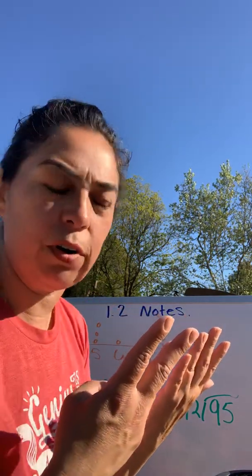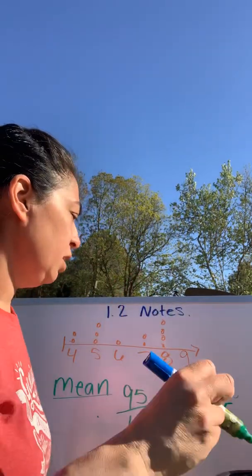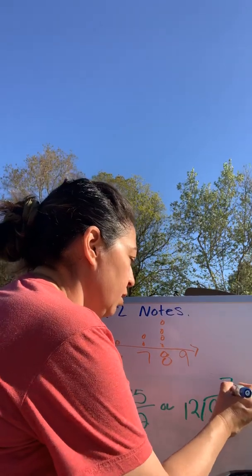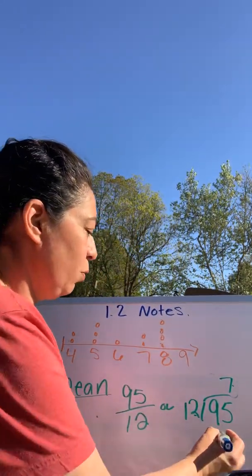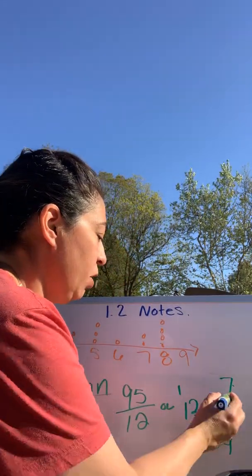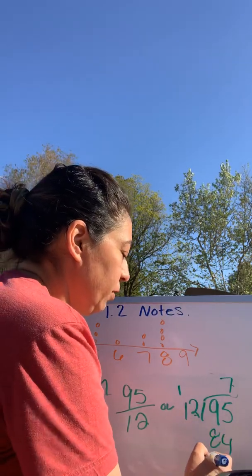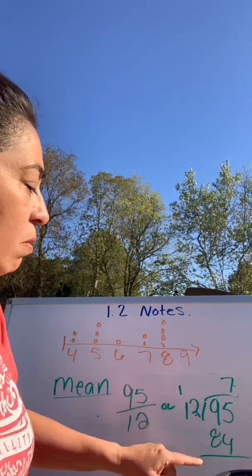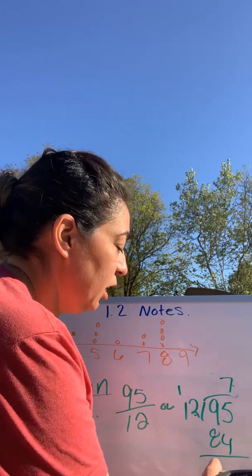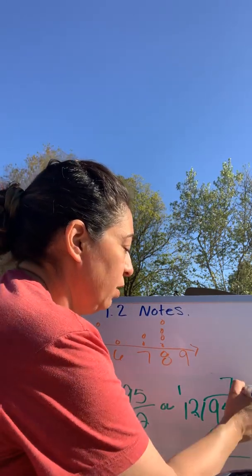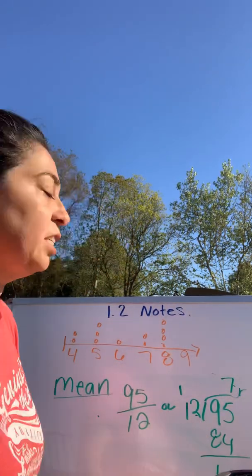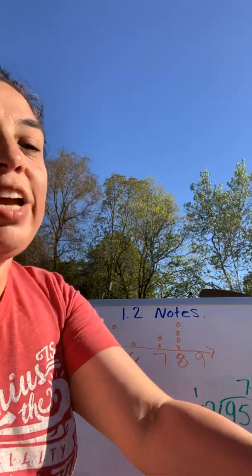I think I went over, so I need to go down one. So I think it's 7. 7 times 2 is 14. Carry the 1, 84. So if I subtract that, it will give me 11. 7, remainder 11. So we have our mean is going to be about 8.